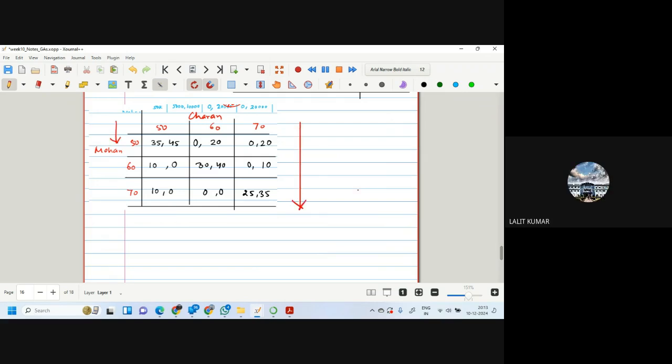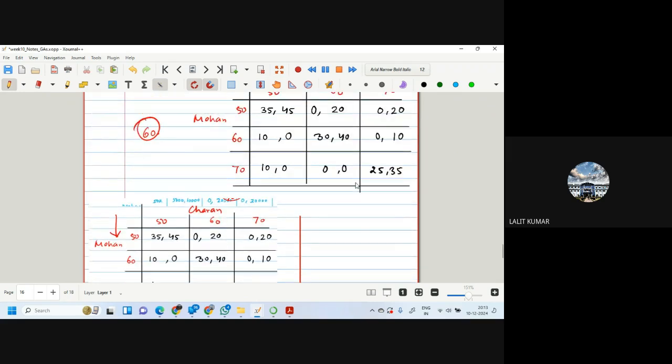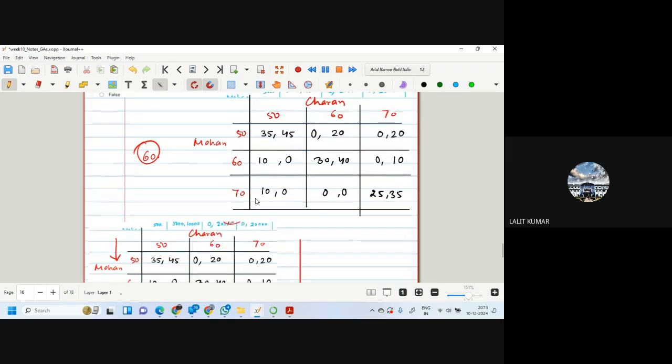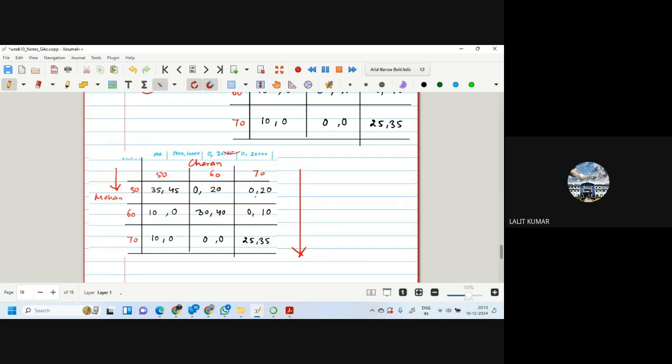The question is what is strictly dominated. In this case 10 and 10 are dominated. In this case 0 and 0 are dominated, and in this case 0 and 0 are dominated. So for Mohan, there is no strictly dominated strategy.